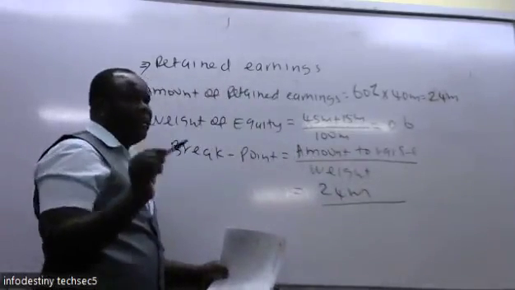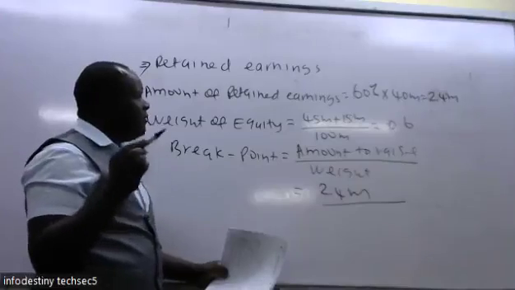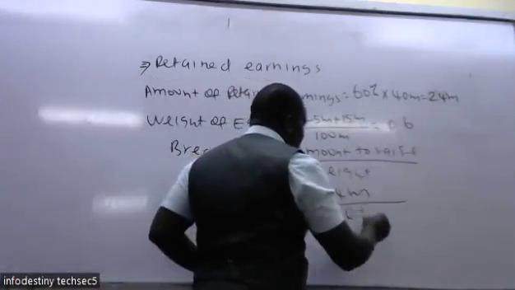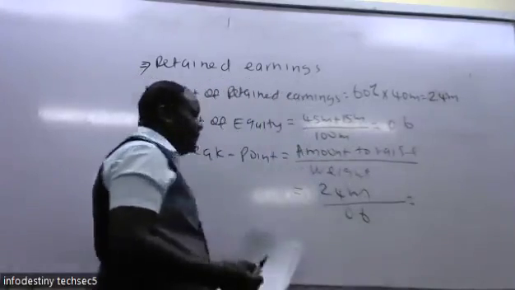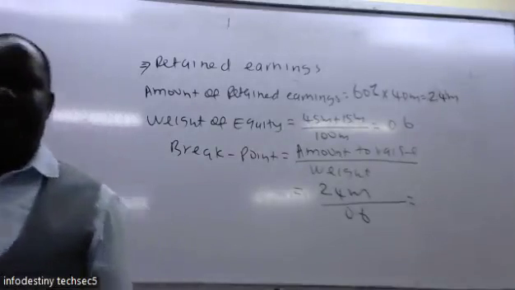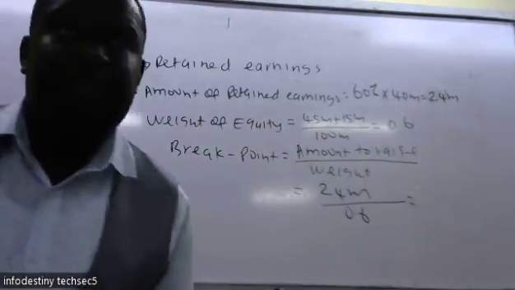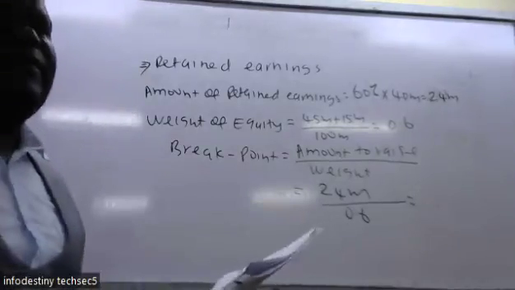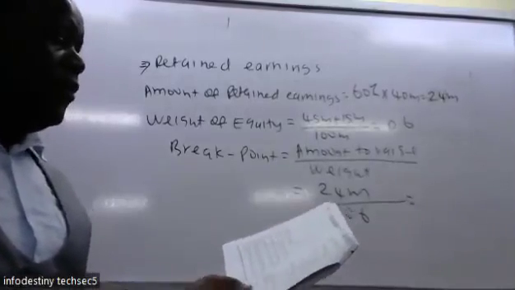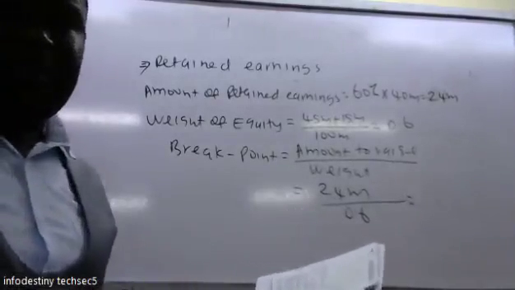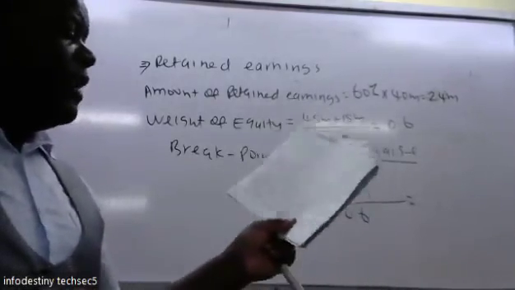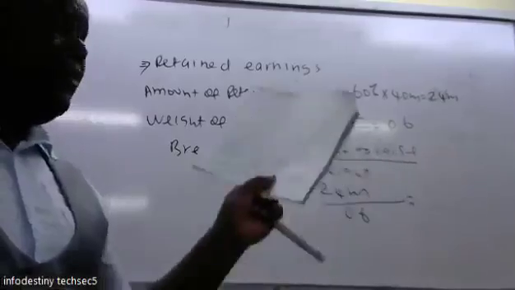Then we divide by the weight, which we have just calculated as 0.6 in the capital structure. That will give us the breakpoint for the retained earnings. So you simply take the amount to raise and divide by the weight in the capital structure. That is the only breakpoint that you are to calculate.